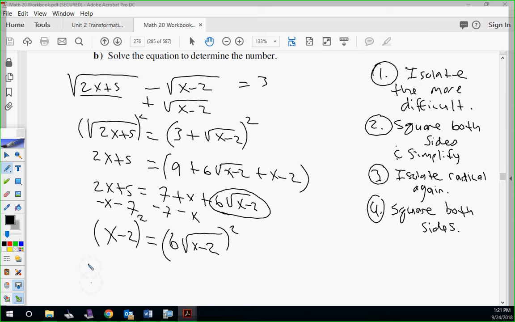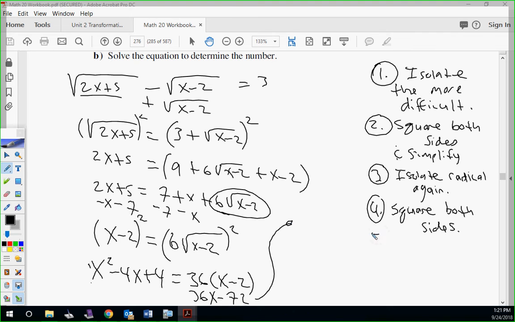We have this pattern, we did that in lesson 5. x squared minus 4x plus 4. The right side, 36 times x minus 2. Yep, 36x minus 72. We'll come up here and finish this.